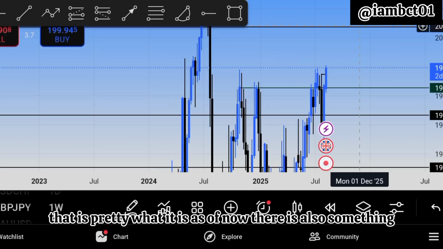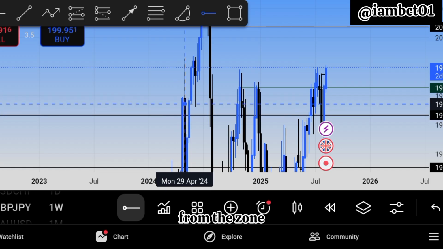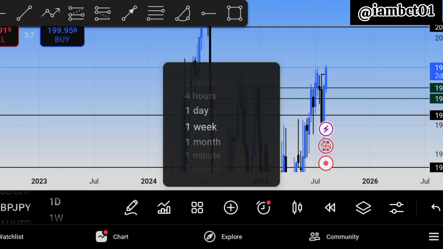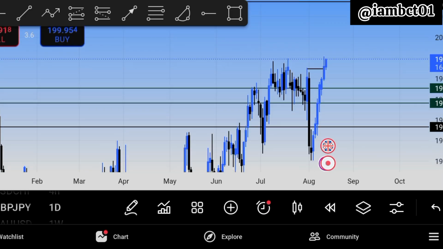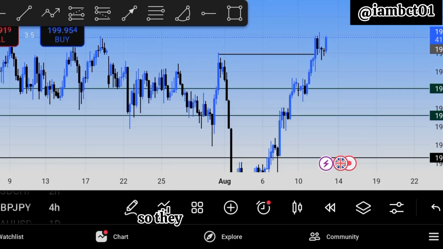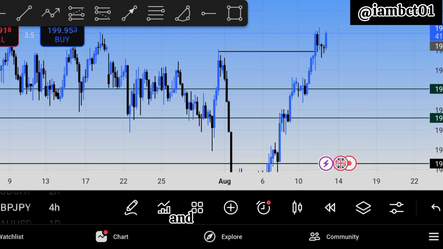I'm expecting something from this zone as well. They all have order blocks and they all have fair value gaps.